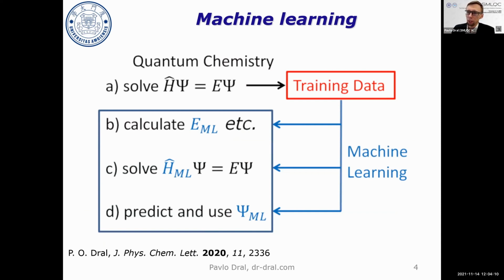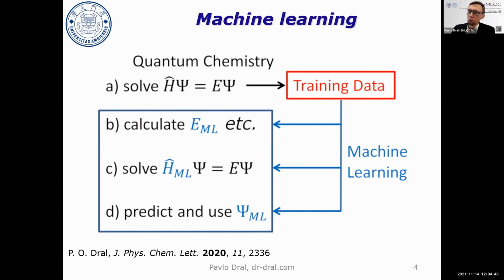So one of the interesting ways is to improve your Hamiltonian, and we saw some examples in this conference. And also you can use machine learning to learn the wave function, and then use this wave function to get properties. On the other hand, what most people do, and what we also do, is calculating properties predicted by quantum chemistry, and not just quantum chemistry, also properties that you cannot calculate even with quantum mechanical packages, but some experimental properties.